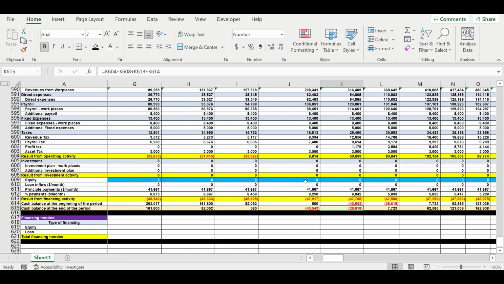Then we can see the maximum value needed here, so we will type here this value.